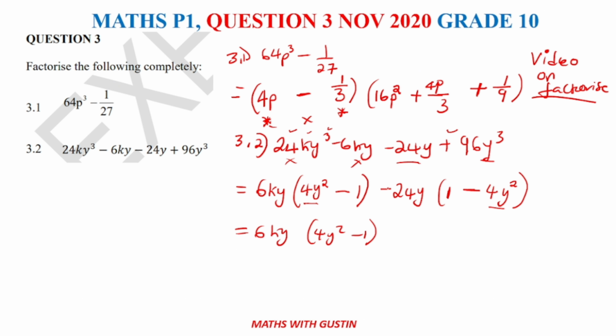If we take out negative 1, this will be positive 24y. Close bracket. Therefore here you're going to have 4y squared minus 1, close bracket. And that's how you would deal with this one, ladies and gentlemen.